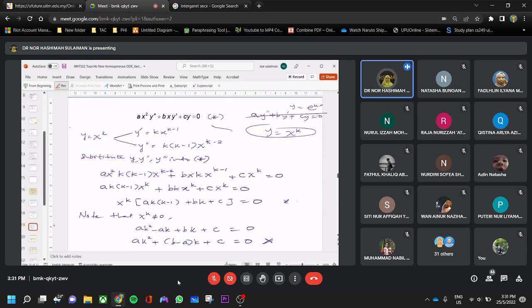So this is the characteristic equation of the corresponding homogeneous Cauchy Euler differential equation. Apa beza dengan yang sebelum ni? Sebelum ni dia cuma b saja kan, dia tak tolakkan dengan a untuk koefisien bagi k, betul tak?